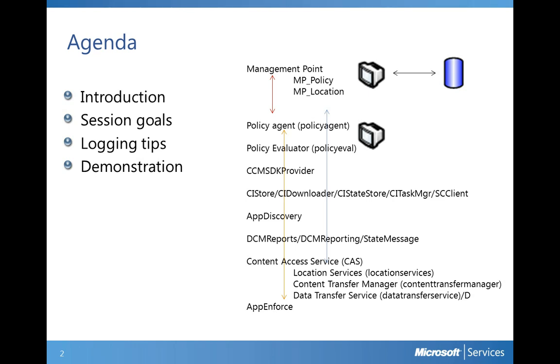Okay, another thing about this, when we get to the demonstration, when we get to the logs, I'm going to show you how to line the logs up in a way that will make sense, that will hopefully be a powerful tool to follow the flow of events. Okay, the logging flow that I'm going to show you is just one example.